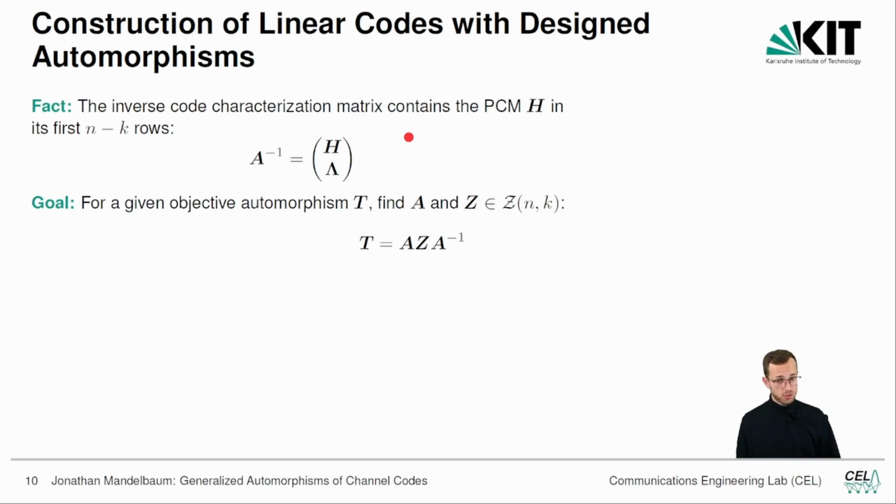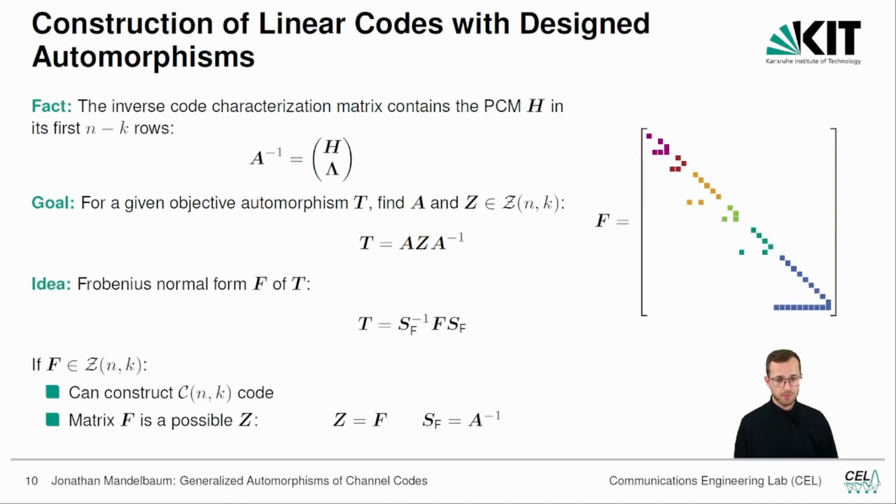And our approach now is to find, for a given matrix T that we want to be an automorphism of our code, matrices A and Z such that the following condition holds, because then we know that T is an automorphism of the code defined by the inverse code characterization matrix.